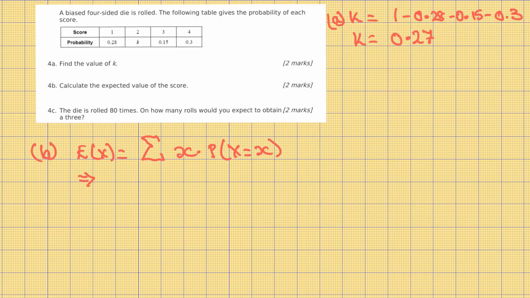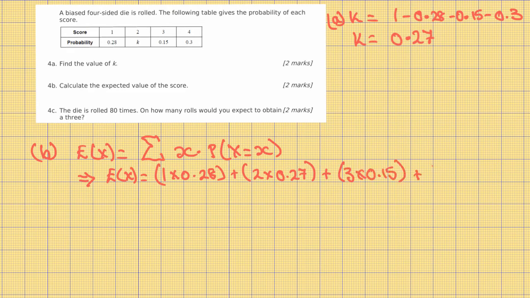Therefore, the expected value of x is equal to 1 times 0.28 plus 2 times 0.27 plus 3 times 0.15 plus 4 times 0.3. Therefore, the expected value of x is equal to 2.47, to 3 significant figures.